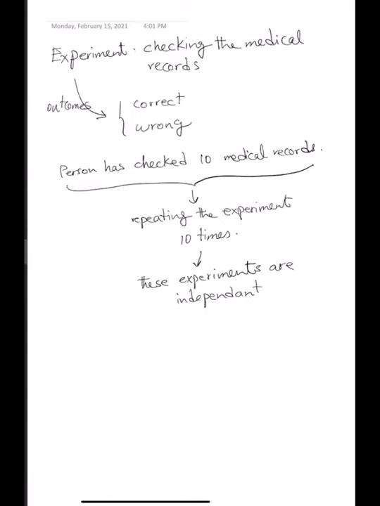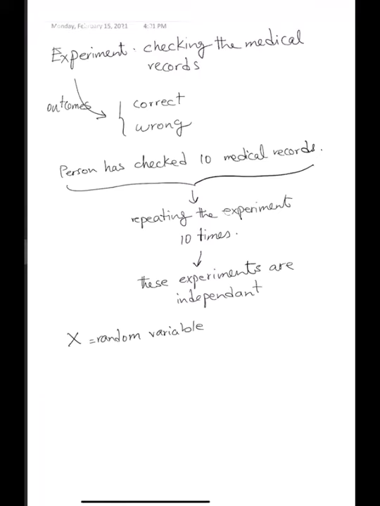Now, I want to know the probability that 7 of them are correct. With everything we have specified so far, if I define the random variable x, can you tell me what this random variable is measuring in this experiment setup?